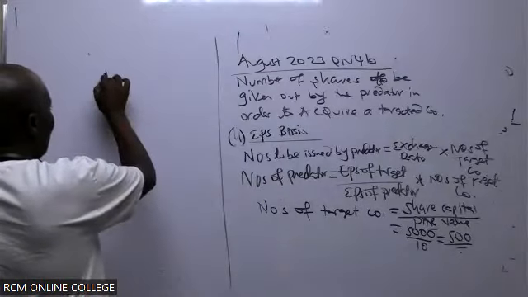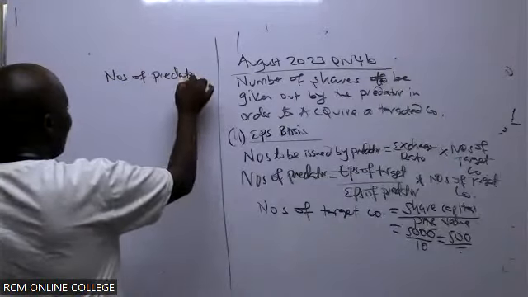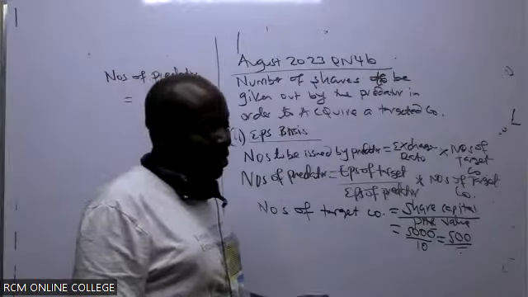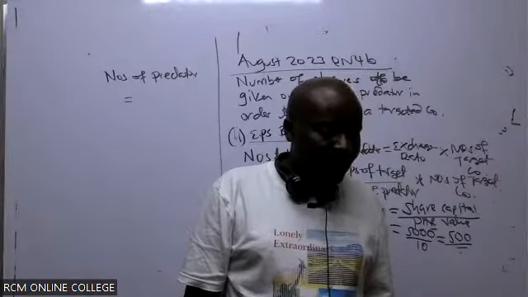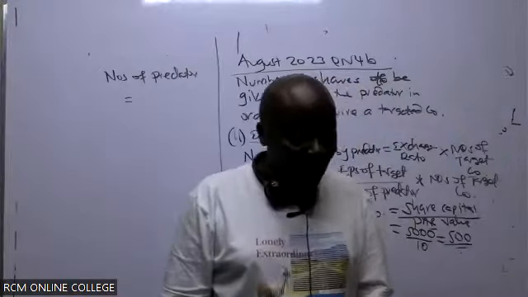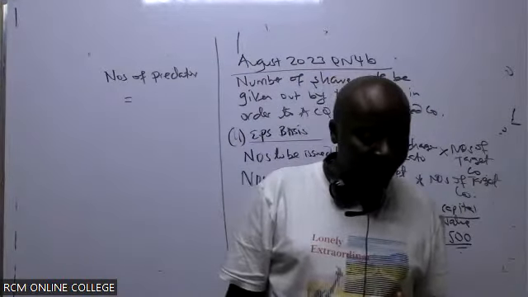So we have here the number of shares of the predator. So the number of shares of the predator will be the EPS of Bero. EPS is given in this table number 2. Thank you very much, Oscar, for giving me quite a different answer. I love that so much. We're going to learn there, Oscar. Great.